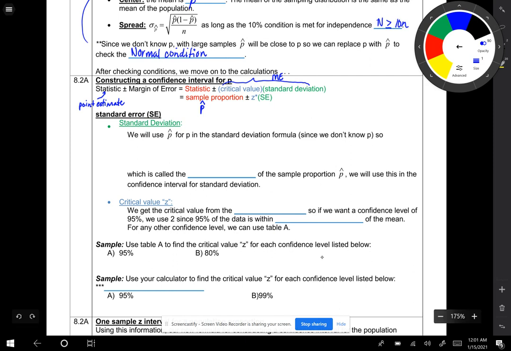So z star is actually the z-score for our confidence interval. And our standard error is our standard deviation of our sample data.